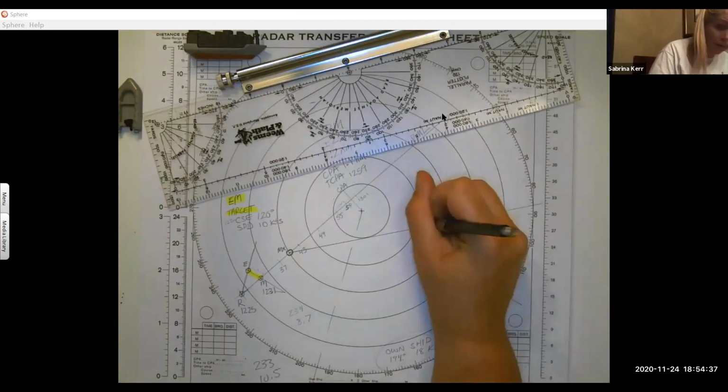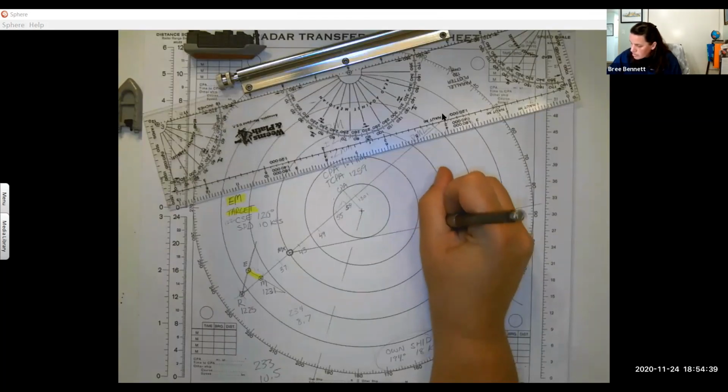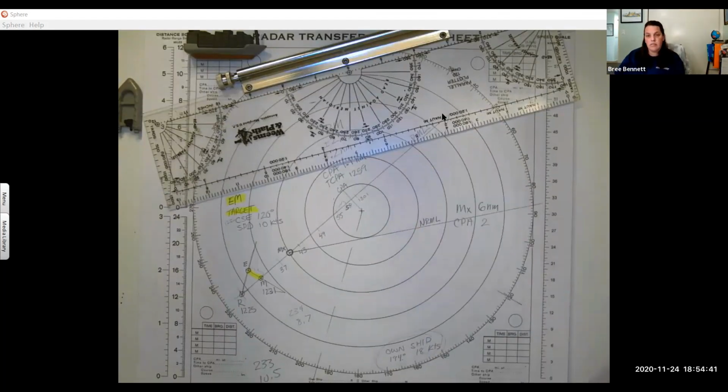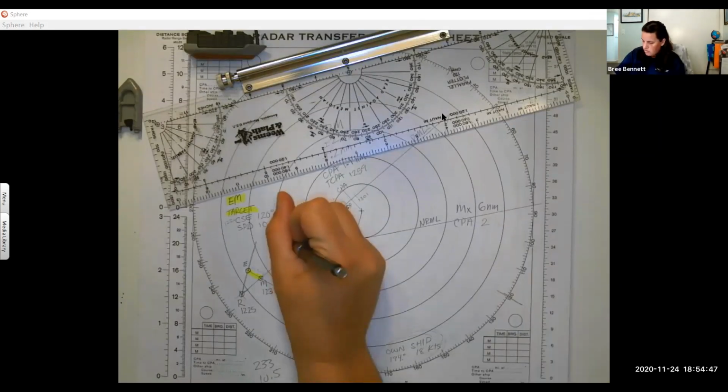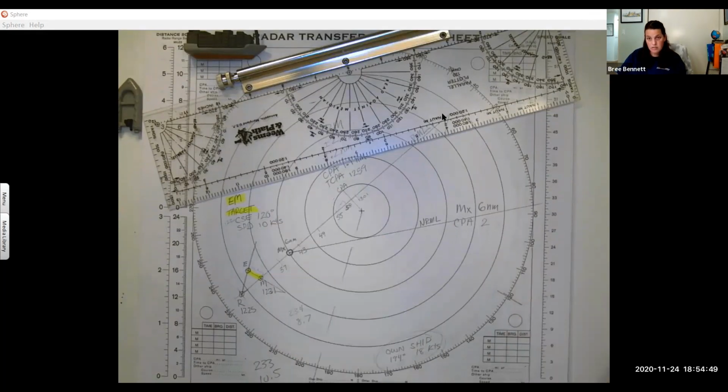So this is my new relative motion line. I'm going to move this new relative motion line back to this M. I'm going to parallel it down.